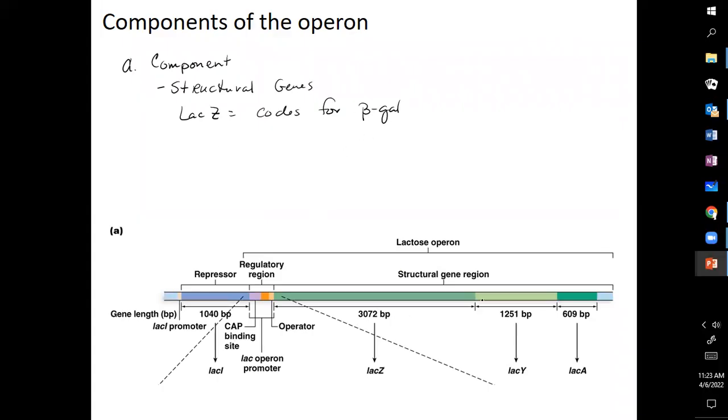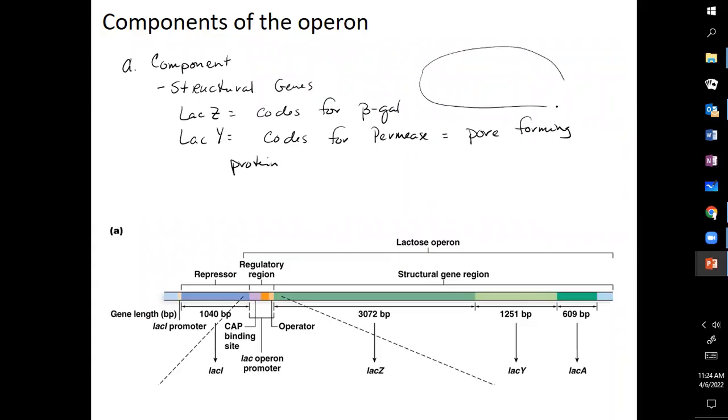The next one is LAC-Y. LAC-Y codes for an enzyme called lactose permease. Permease is a transmembrane pore forming protein, and it's selective.